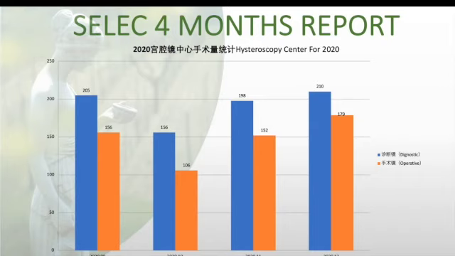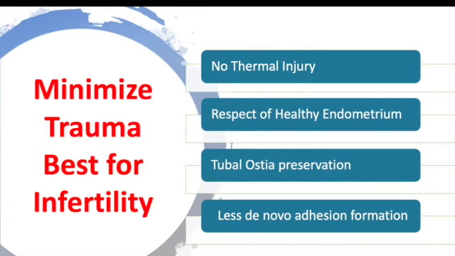This is another chart which shows that since we started, we have increased the number of diagnostic hysteroscopies, and of course, as a consequence, operative hysteroscopies. Another important feature of the shaver is that it minimizes trauma, so it should be the best choice for infertility patients. When you use the shaver, you have no thermal injury, so you do not touch the healthy endometrium.